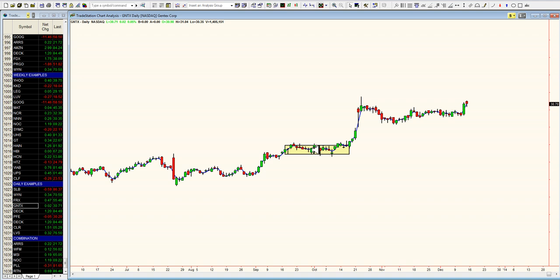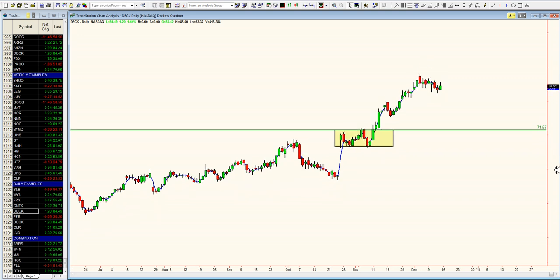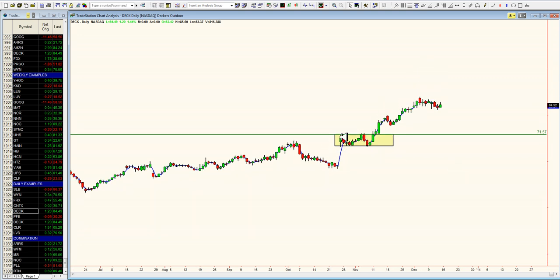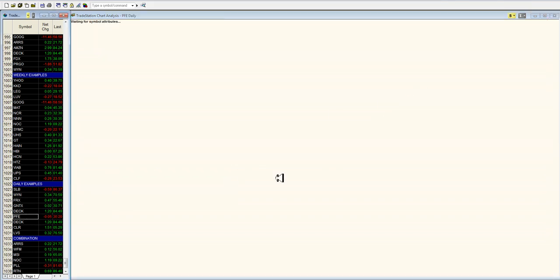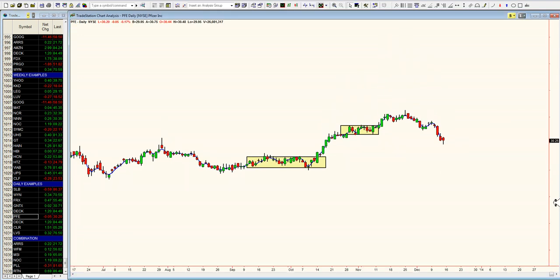GNTX had a nice consolidation and then broke out, and it's consolidating again right now and attempting to break out. DECK gapped up on earnings, I believe, went sideways. We talked about this one in the morning videos, then took off. Nice move on DECK.